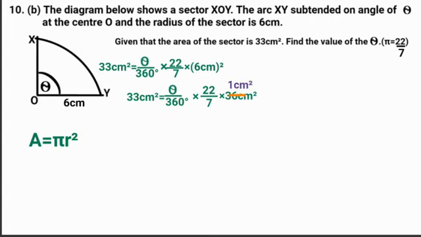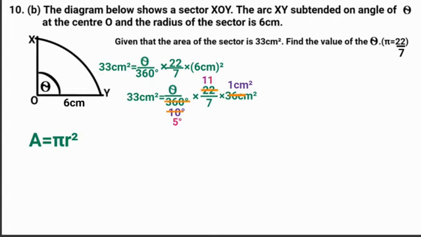Then I come down here, 360 degrees divided by 36 gives me 10 degrees. Then I'm going to again look for a common factor. As you can see, 10 and 22 have a common factor, and that common factor is 2. So 10 divided by 2 gives me 5, and 22 divided by 2 gives me 11.